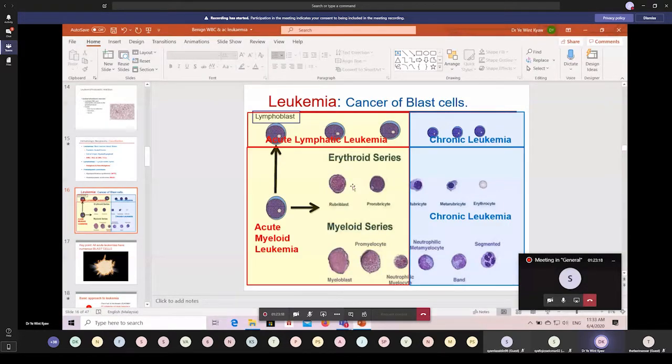But cancer of it is usually very rare. RBC immature form cancer is very rare. I have never seen this case. But leukemia originating from immature neutrophil or monocyte is quite common. Metamyelocyte and myelocyte cancer, myeloid series, is common.